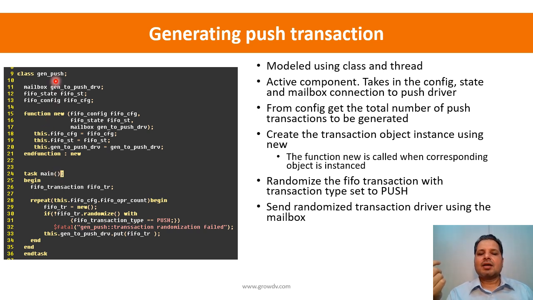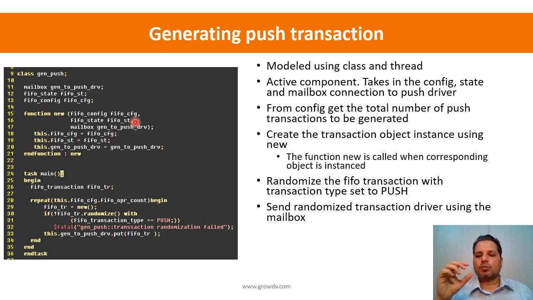When the class gets instanced, the function new gets called. While we instance a module, we are able to pass the ports to the module. Similarly, when we instance the class, the arguments that are defined in this function new can be passed to the class, right? We will look at it in the later slides, but we are passing the config and we are passing the state. So config and state in a way are global objects.